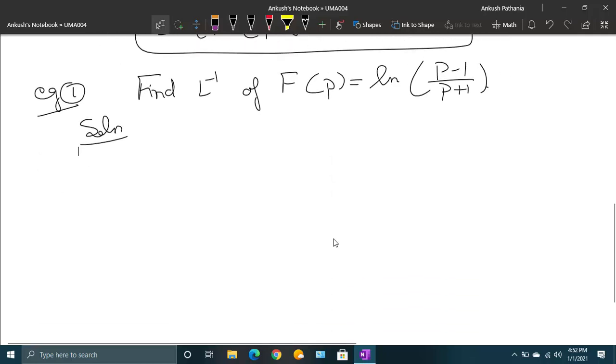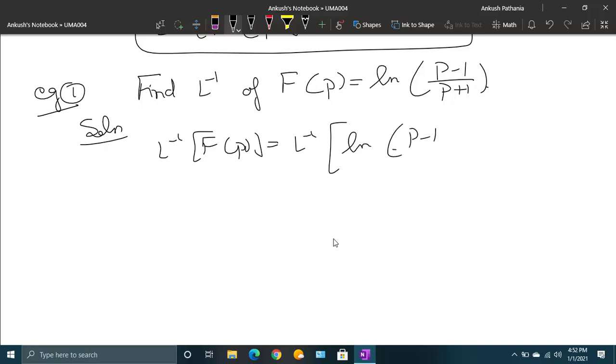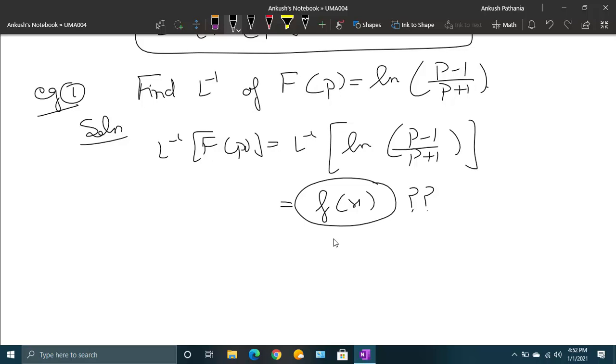He is asking for the Laplace inverse of ln (p minus 1)/(p plus 1), and this will be equal to some f(x) that we have to find. The Laplace of f(x) is equal to this F(p), and we have to find the function f(x).